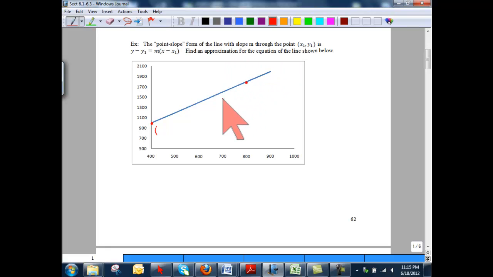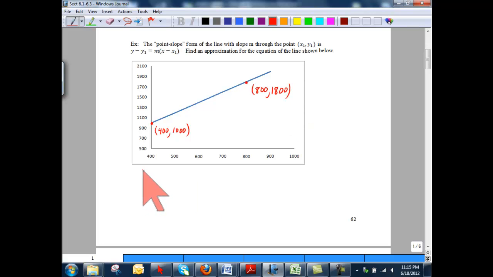Graphical methods are approximations, and so I'm not going to be able to get an exact answer. Presumably I don't need an exact answer. So I will estimate that the coordinates of this point are 400 and 1000, while the coordinates of the other point that I chose are approximately 800 and 1800.